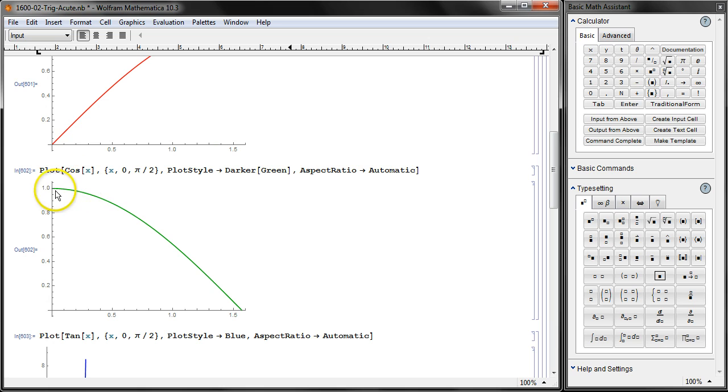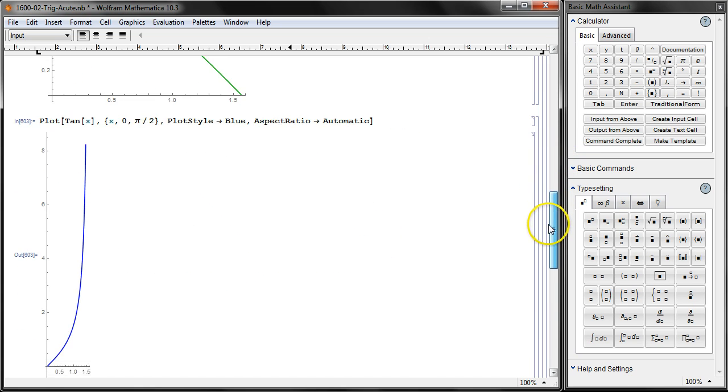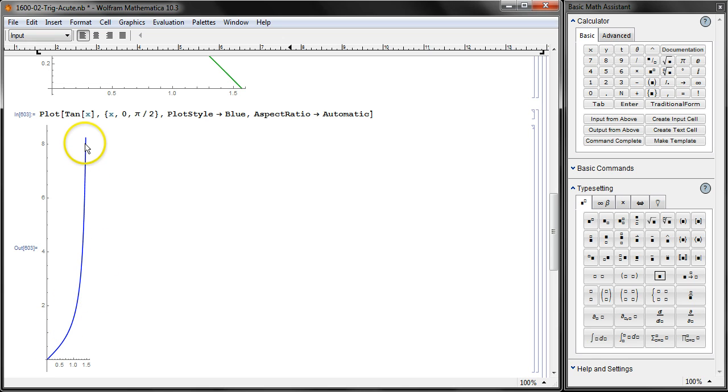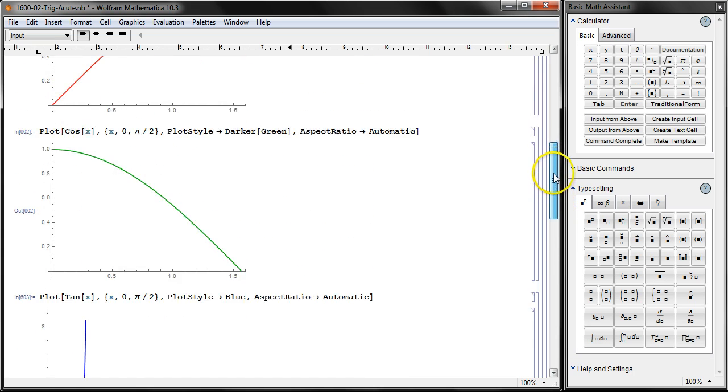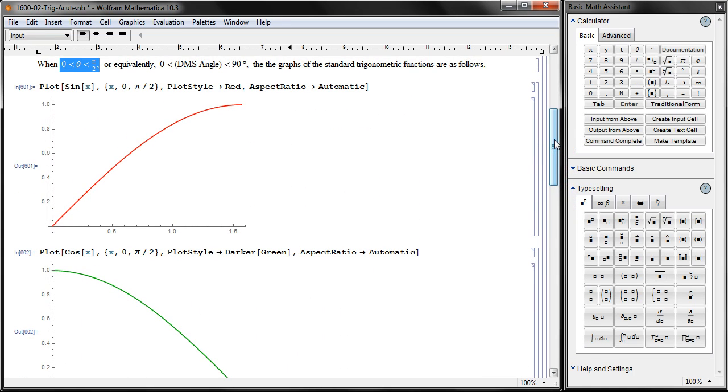The cosine value decreases from 1 to 0, and the tangent value increases from 0 to infinity like this. Remember, the tangent function is undefined at pi over 2. We have a vertical asymptote, and consequently we have blowing up to infinity.